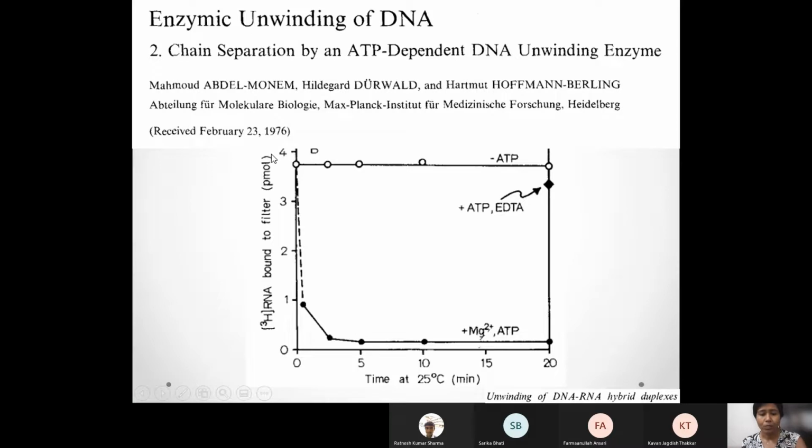As I mentioned, they had no idea whether this was a single protein, a protein complex, or multiple proteins coming together.